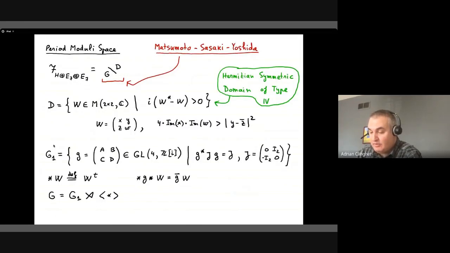You get a moduli space that is 4-dimensional and has been explored by Matsumoto, Sasaki, and Yoshida. And again, the inverse period map can be described in terms of modular forms associated to this object.